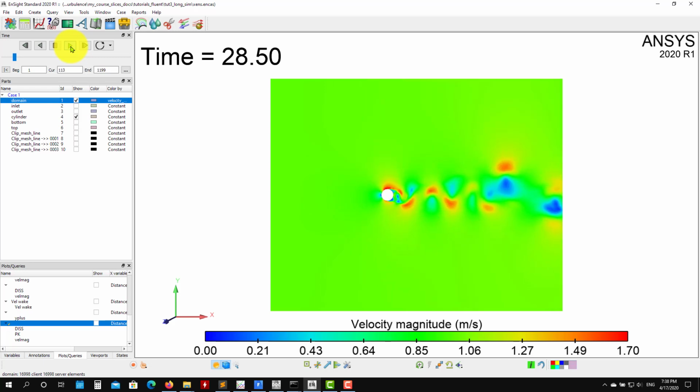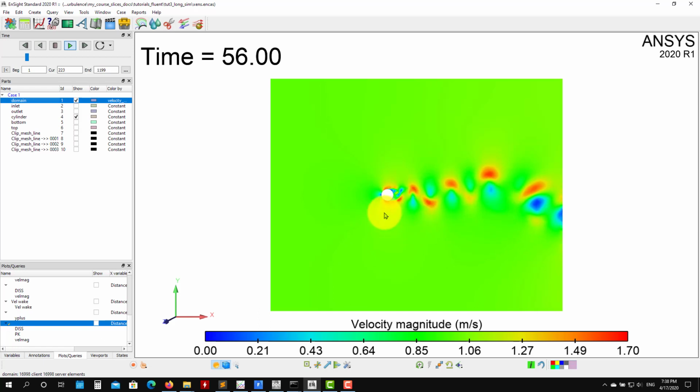Okay, so now the wake has developed, and see that it is doing a kind of switching, it is going down. This is everything that we're seeing in the lift signal. See that you have the wake going down, and you see that reflected in your lift signal, but now see that it's doing another switching, it's going up, and precisely you're seeing that in your lift signal. It's going out, and it will oscillate a little bit.